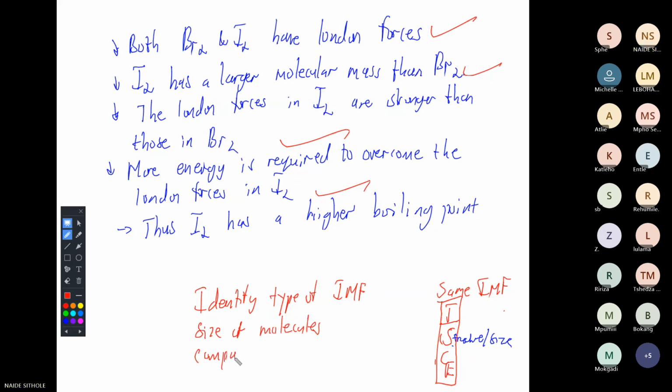Compare strengths of intermolecular forces. And then speak of the energy required to overcome intermolecular forces. It's like that, guys. Don't overcomplicate it. Simple, straightforward things.